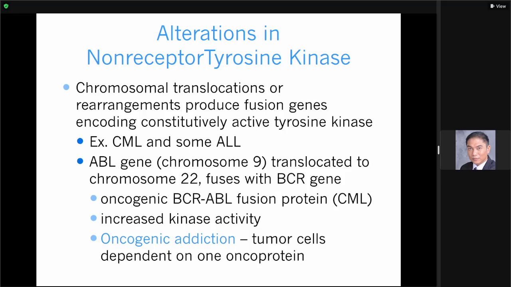Kahit hindi mo na-address yung ibang mutation. So, lumalabas na yung behavior, activity of the tumor cells are dependent on one oncoprotein only in this case. So, ang tawag natin sa phenomenon na yan is oncogenic addiction.